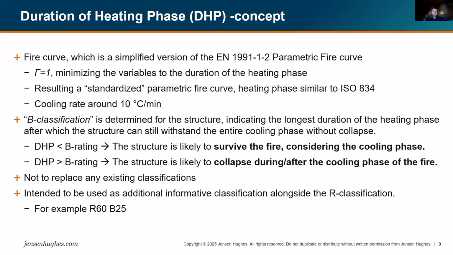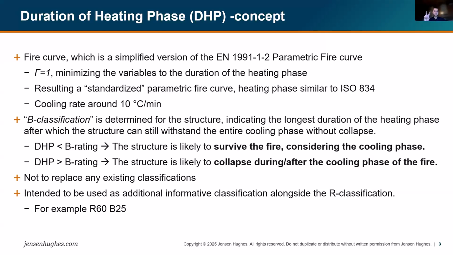So first about the DHP concept, in which we construct this fire curve, which is basically a simplified version of the Eurocode 1 parametric fire curve. In this curve, we set the gamma factor to 1 to minimize the variables. So there is only that duration of the heating variable.